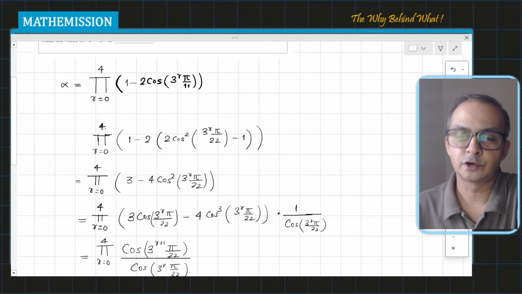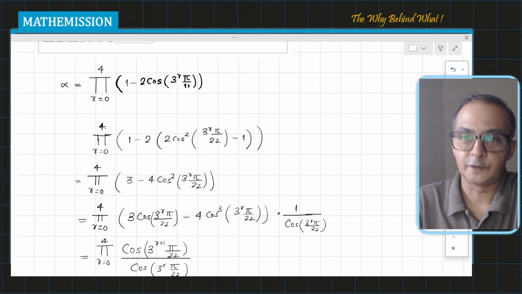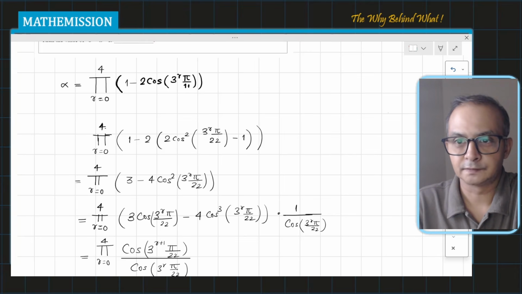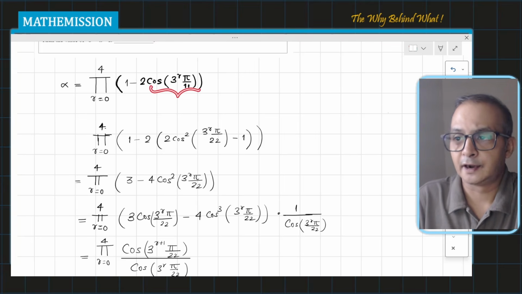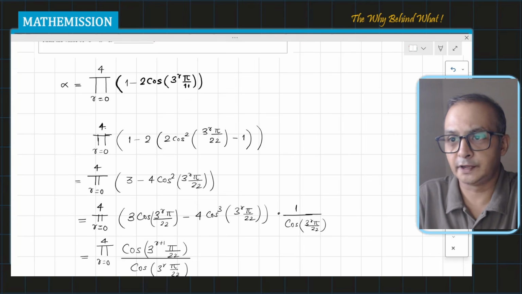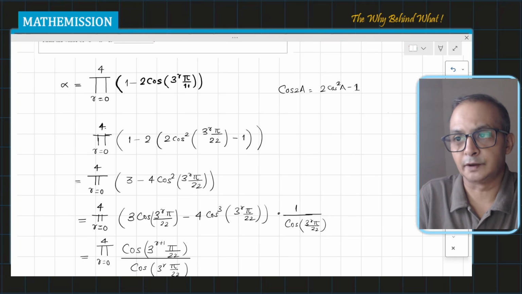You have encountered this kind of situation possibly many times if you are practicing trigonometry. The cosine theta I can write by using this formula: cosine 2a is equal to 2 cosine squared a minus 1.